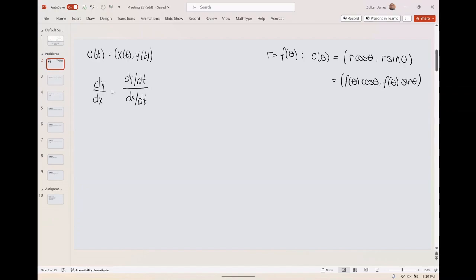Well, then we can just use the derivative for parameterization. What is the derivative of y with respect to theta?